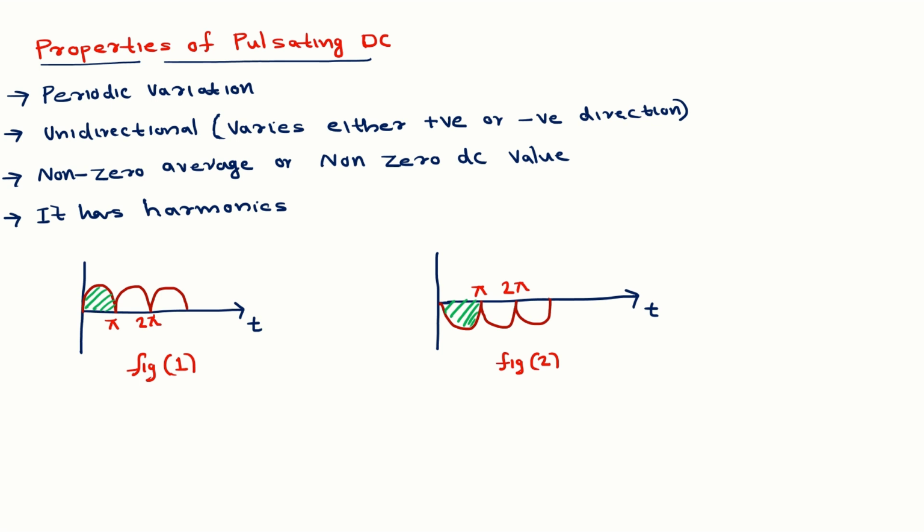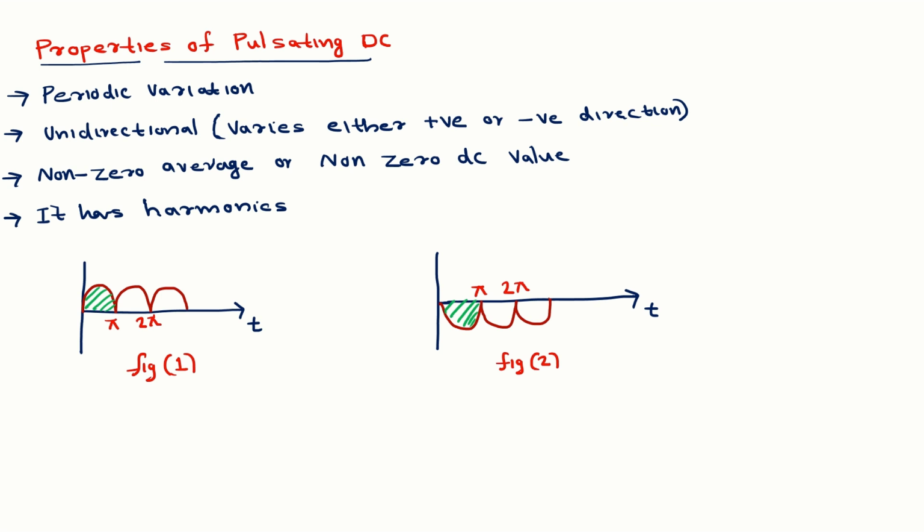So I can say pulsating DC has a non-zero average value. The area is non-zero, which means the signal has a DC value. So pulsating DC has a non-zero average value, or non-zero DC value. And the next property of pulsating DC is that it has harmonics.